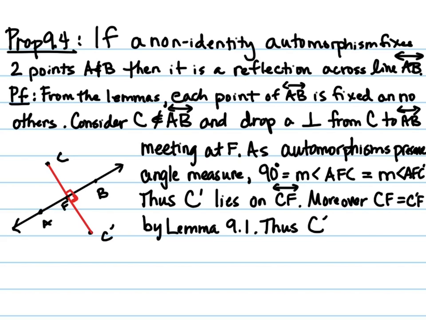Thus, C prime is the reflection of C across AB. Okay. So the fact that they're automorphisms, we're preserving length, we're preserving angle measure, and so that's the only location where it could be that is distinctly different than C already, and we know that it can't be C already because then it would be preserved as an identity, and we said that it was a non-identity automorphism.